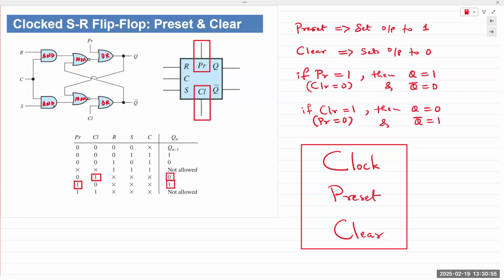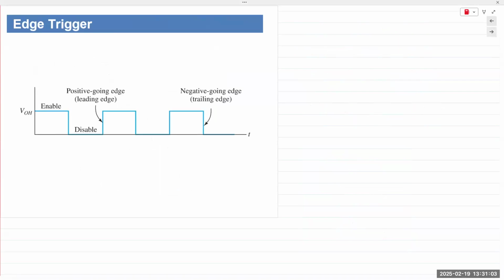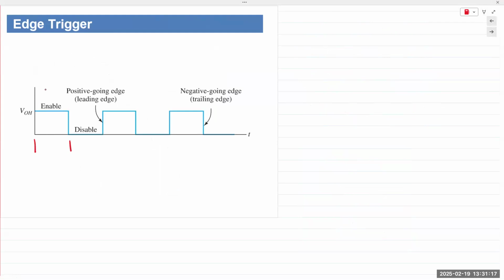All right. Next, let's look at what happens when a clock signal goes low or high. When the clock signal goes low or high, there can be a certain ambiguity of what the circuit might be doing.